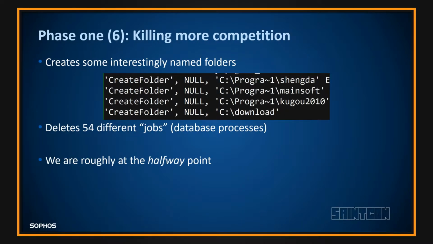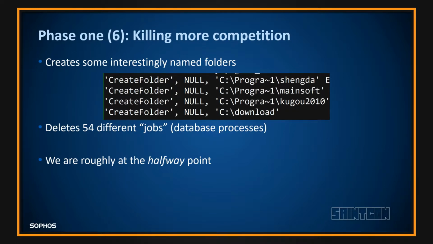All right, and then once we get down to the end of this phase, where it's trying to make sure that it's the only thing running and it's got everything arranged for itself, it's creating some of these folders, right? They're called Shengda Mainsoft and Kugu 2010. It doesn't put anything into those folders.